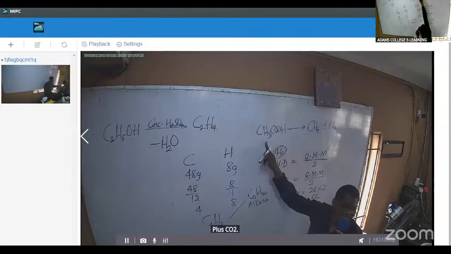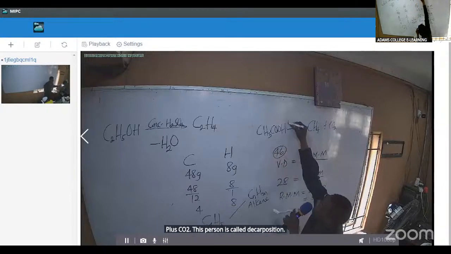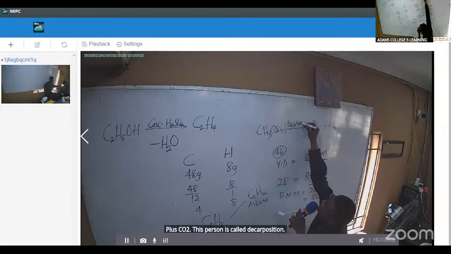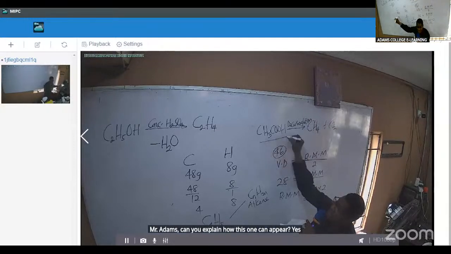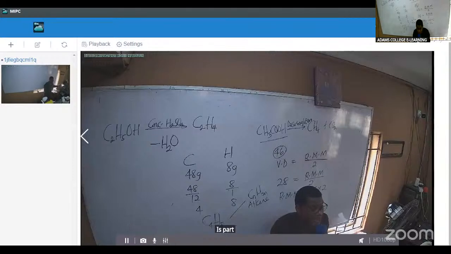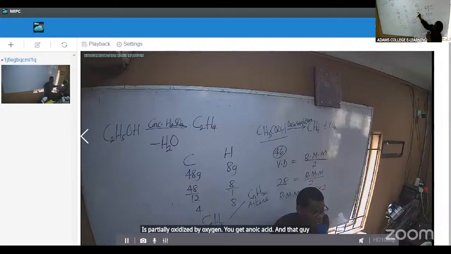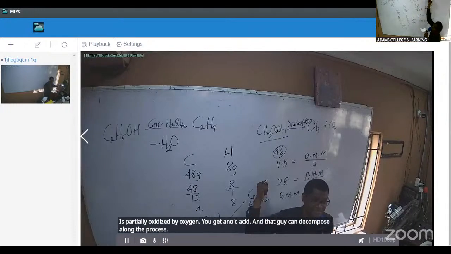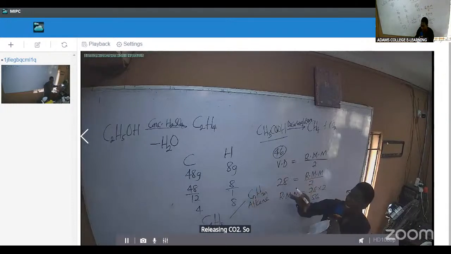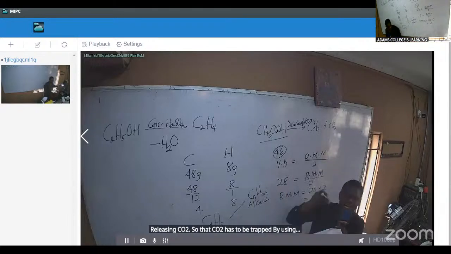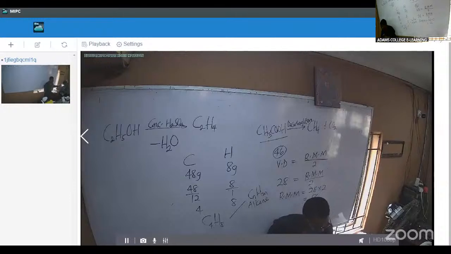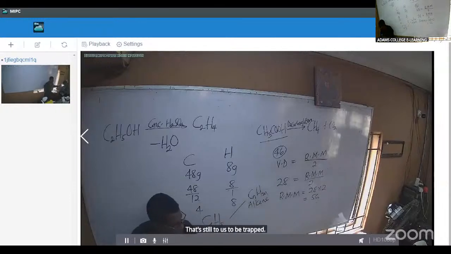This process is called decarboxylation. When the ethanol is partially oxidized by oxygen, you get ethanoic acid, and that can decompose along the process, releasing CO2. So that CO2 has to be trapped by using caustic soda.